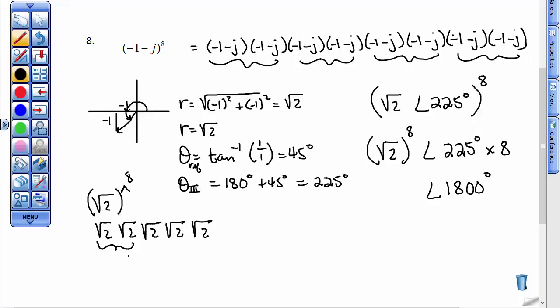Square root of 2 times square root of 2 is 2. You do it 2 more times and it's another 2, and 2 more times another 2, and 2 times 2 times 2 times 2 is 16. So the square root of 2 to the 8th power, if you use that exactly, you'll get 16. If you use 1.414 to the 8th power, you'll get 15.99999. So this is an exact answer.